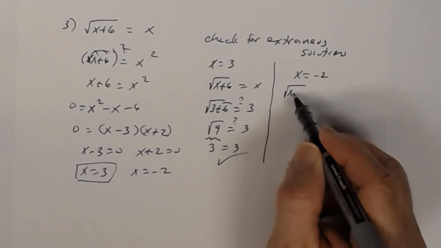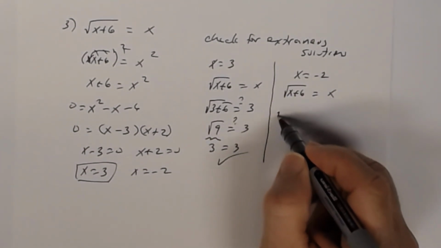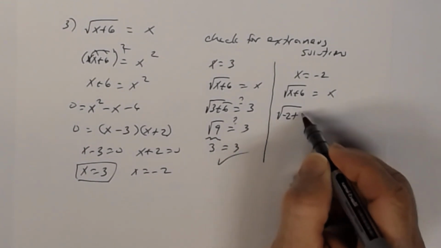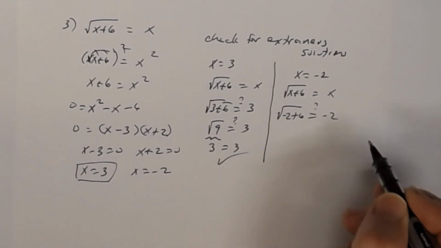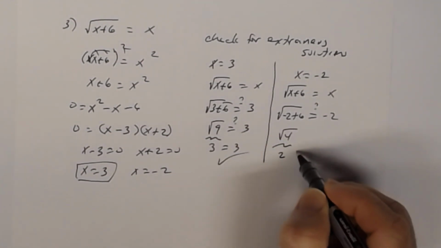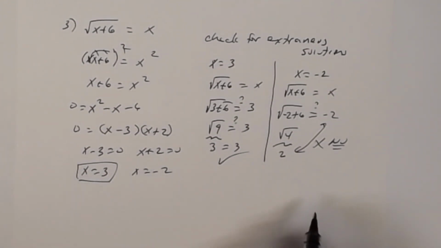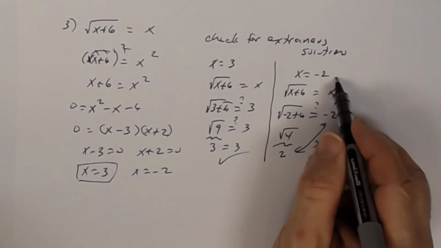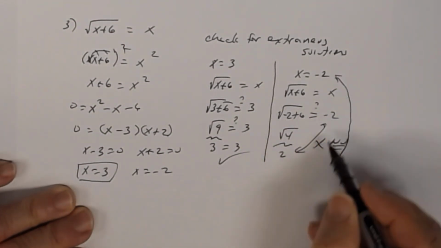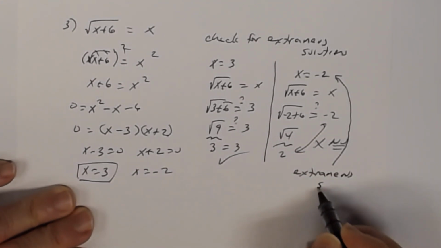Again, square root of x plus 6 equal x. In place of x, substitute negative 2. So you have the square root of negative 2 plus 6. I want to see if that's equal to negative 2. Well, negative 2 plus 6 is 4, and the square root of 4 is 2, but 2 does not equal negative 2. So x equal negative 2 is an extraneous solution.